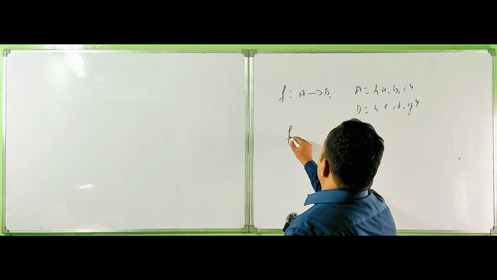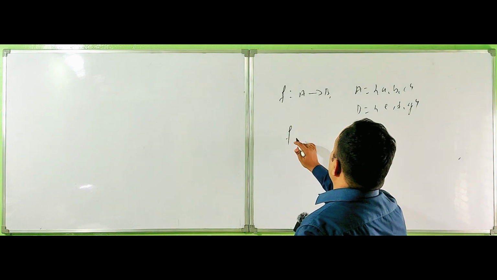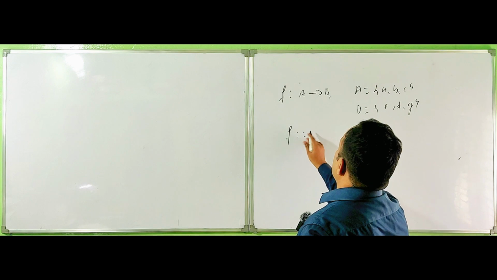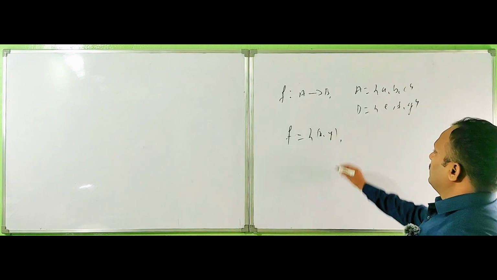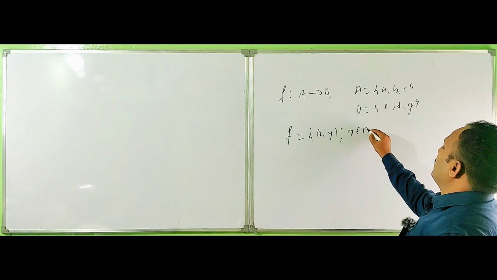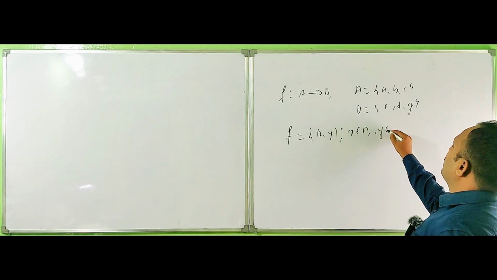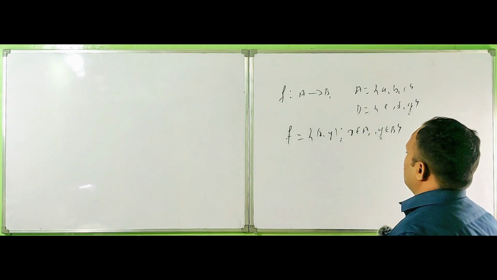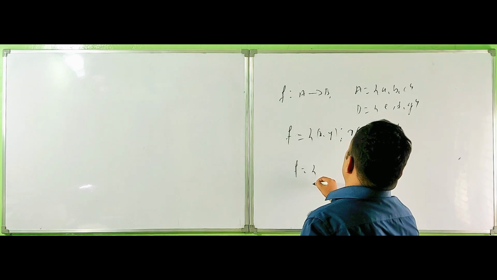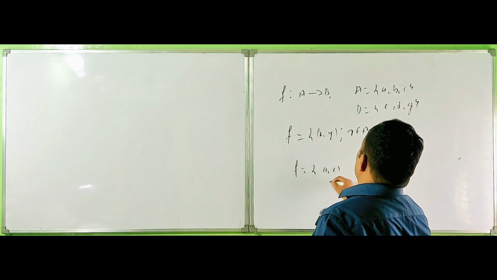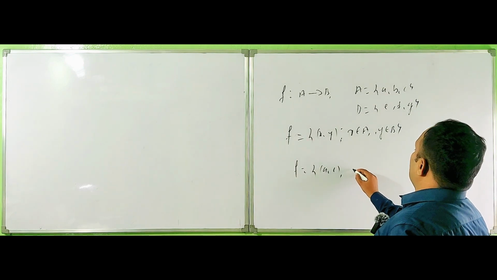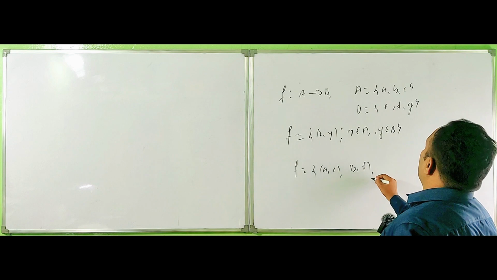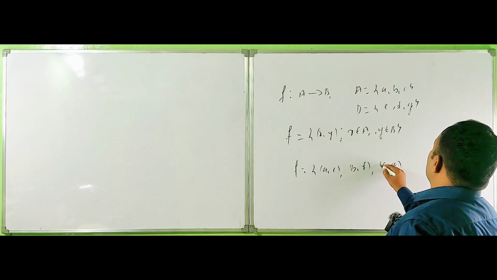See, F is a function such that (x, y) where x belongs to A and y belongs to B. So we write this as ordered pairs: (a, e), (b, f) and (c, g).